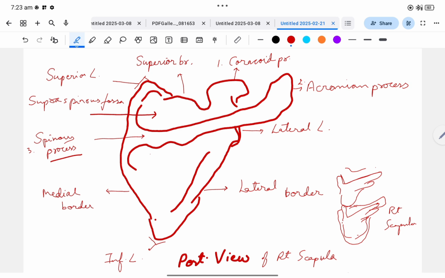Then there is a depression also below the spinous process. This one is known as infraspinous, because it is below the spine. Infraspinous fossa.